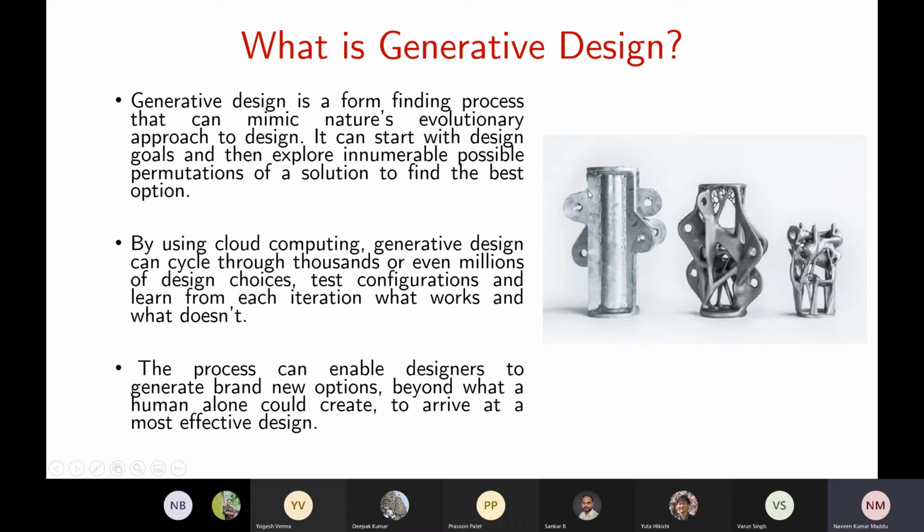But generative design is not a topology optimization process, yet it is a subset of topology optimization. Here you are just giving the constraints, saying that these are my constraints. I want to have my material reduced, and this is the maximum stress that it can take at so and so point, and like that you have some constraints.